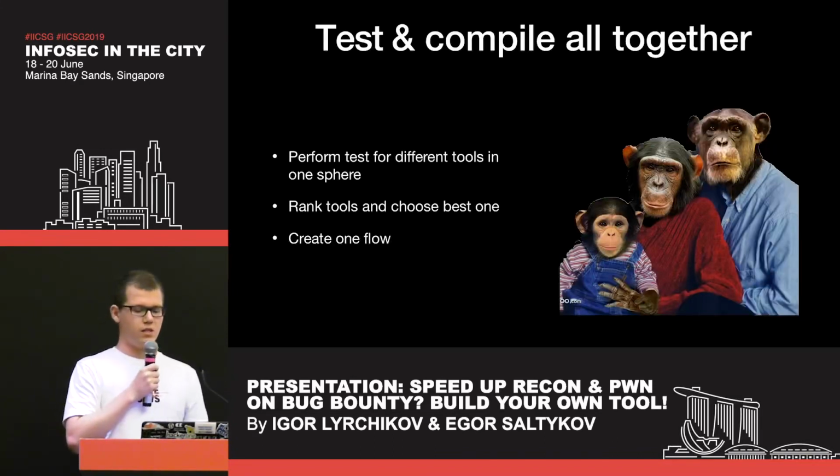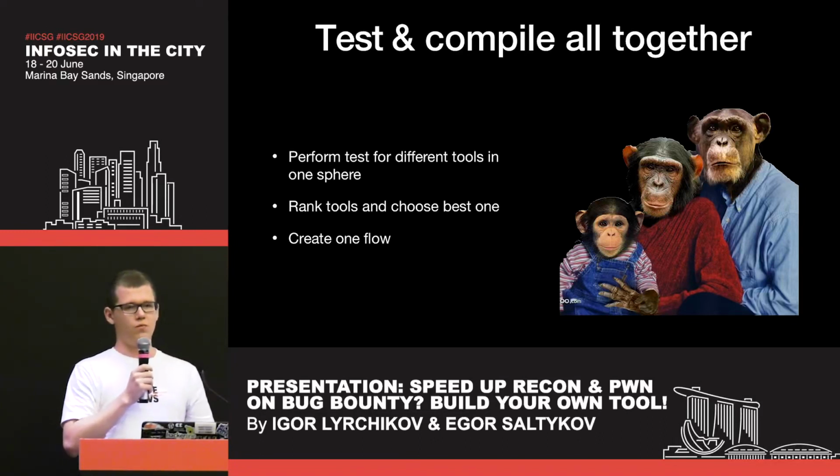The next thing is to test and compare altogether different tools. As I told before, we spend a lot of time picking the right tools, the right ideas in different spheres.